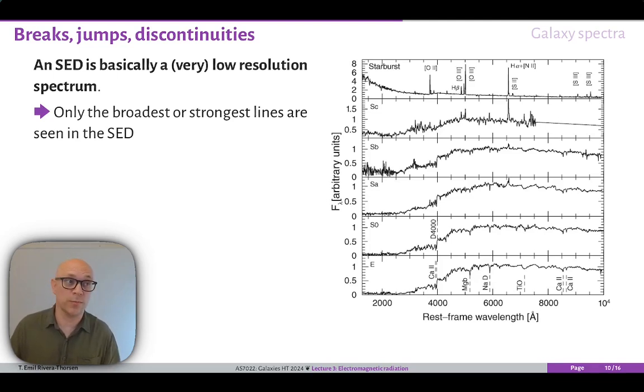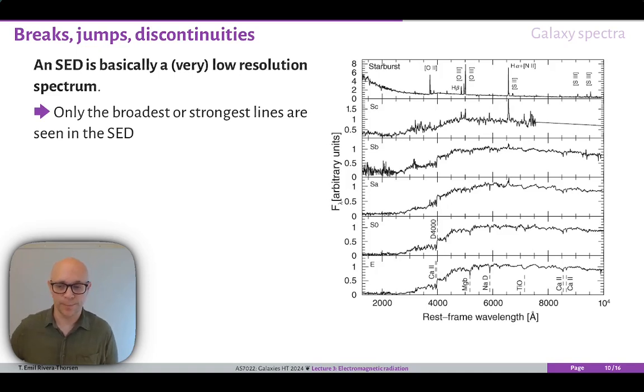This is the case when we look, for example, at very strongly star-forming galaxies, where we are often forced to take line emission into account when we are trying to model the spectral energy distribution that we observe.